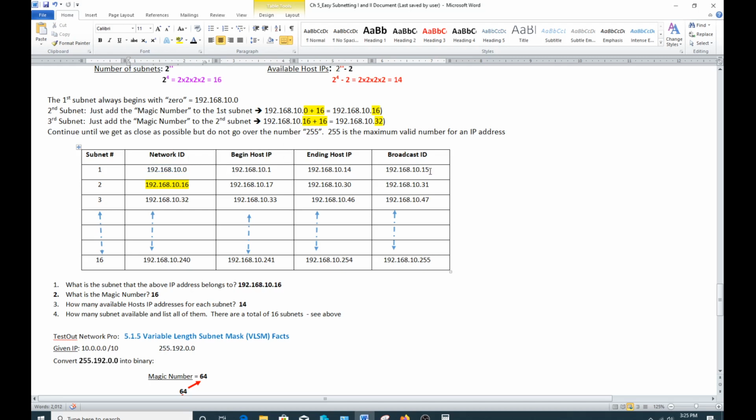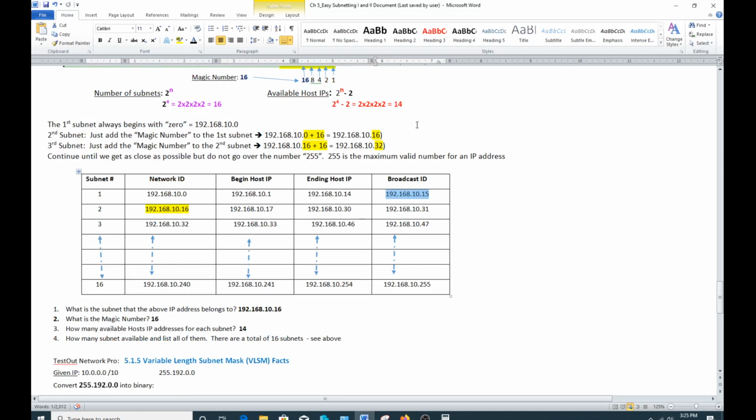How do I know that it ends up at 15? Well, number 1, it said it has a total of 14 available IP addresses. So start with 1 to 14, that's 14. So the next one should be 15.